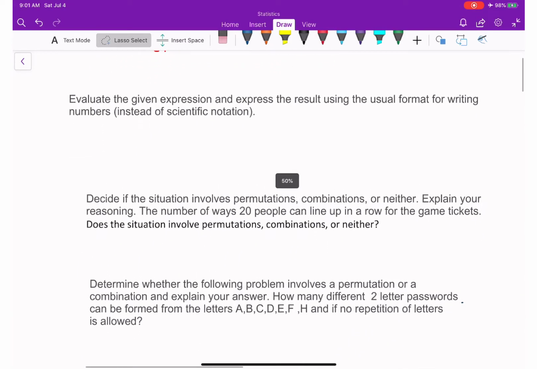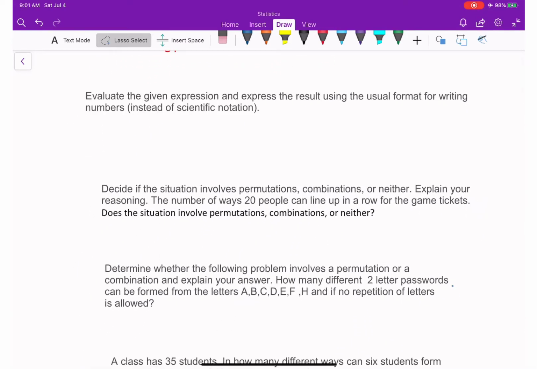Okay, question 1. Evaluate the given expression and express the result using the usual format for writing numbers. And you are given permutation 2 out of 44.